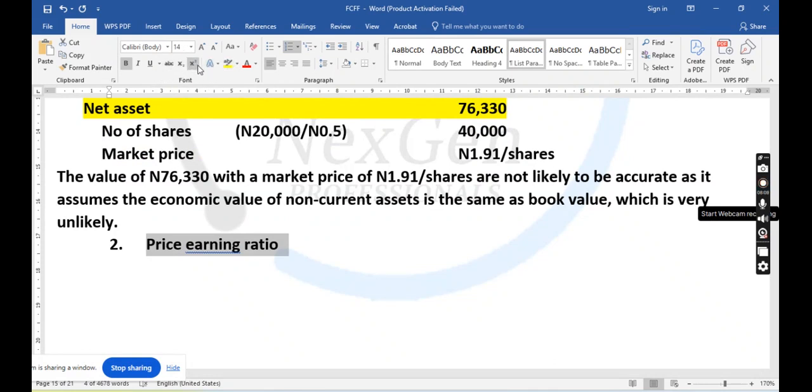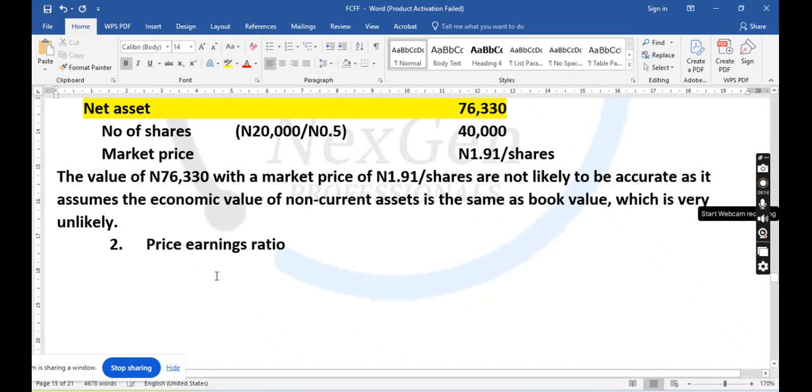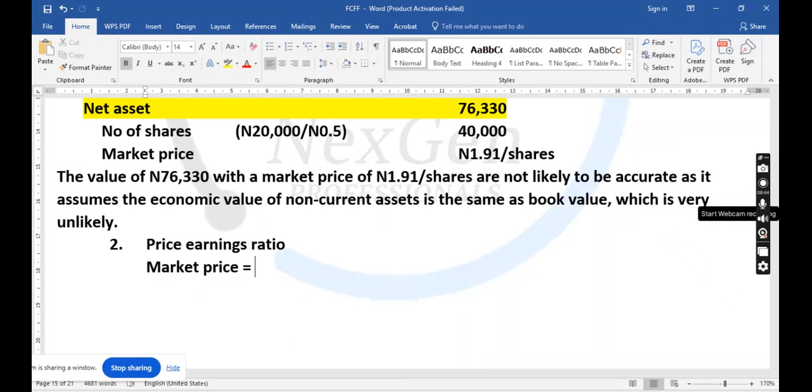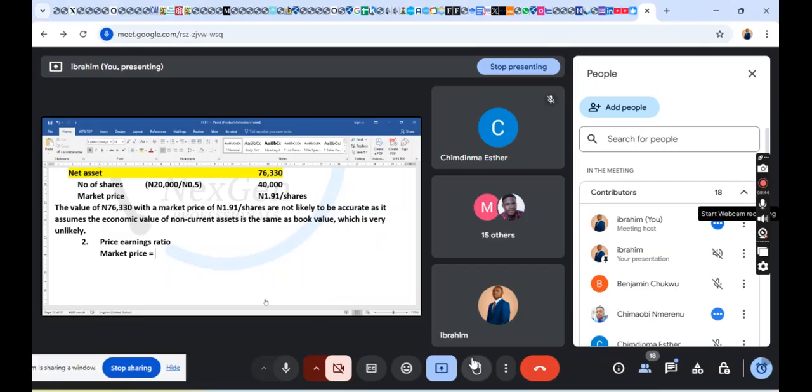Market price is equal to what? Earnings per share times PE ratio.